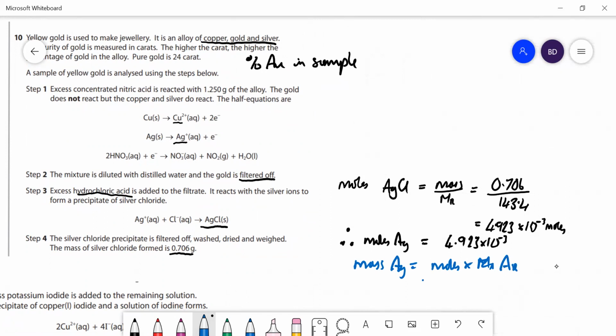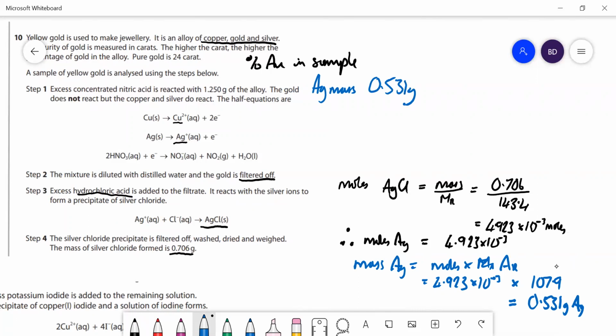So that's 4.923 times 10 to the minus 3 multiplied by 107.9. That is equal to 0.531 grams of silver. I'm going to write that up there so you can find that. So Ag mass is 0.531 grams.